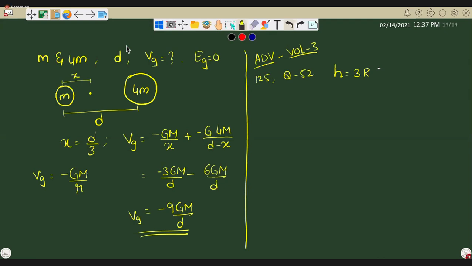Calculate, what is your potential energy on the surface? Minus G capital M small m by R. So what is your potential energy if the height is 3 times R? The potential energy on the surface is minus GM divided by R, isn't it?